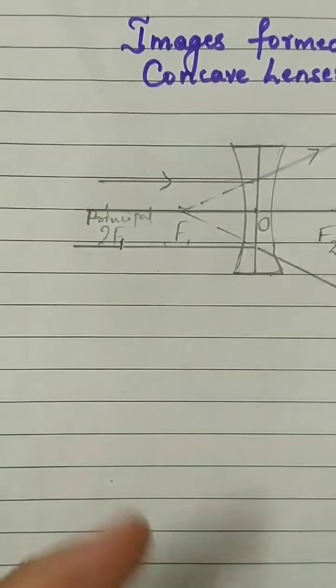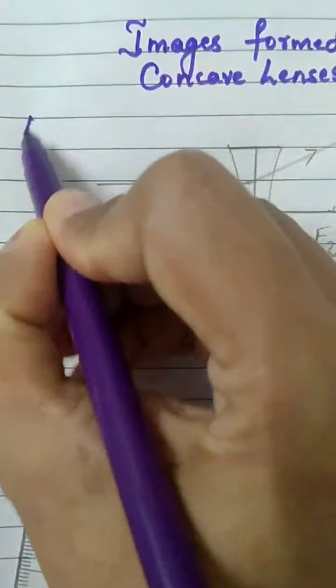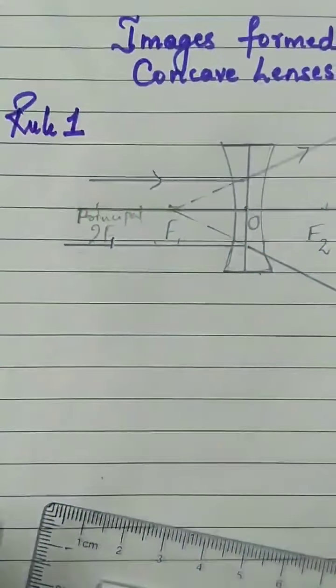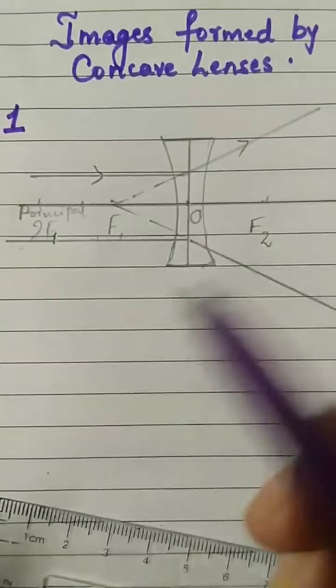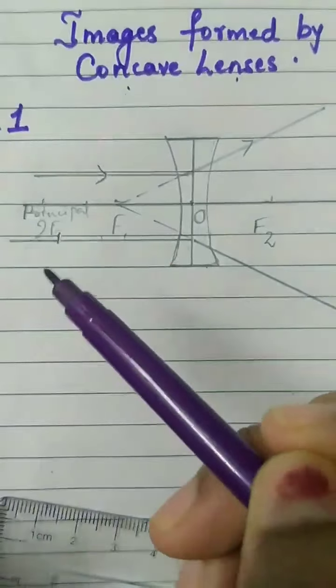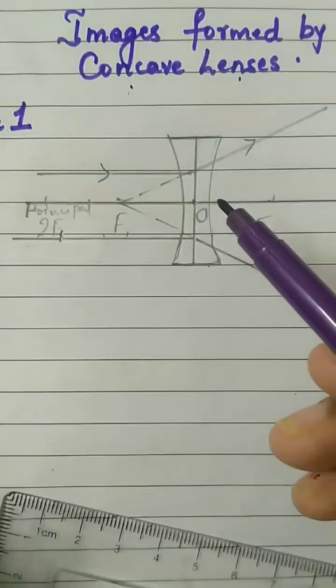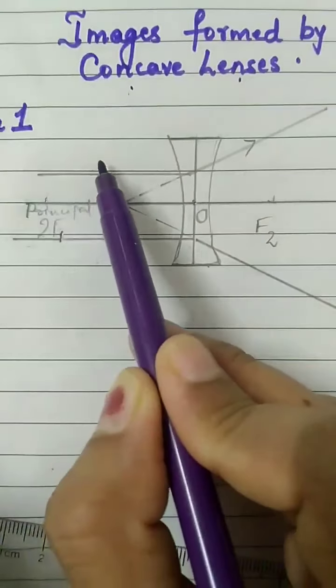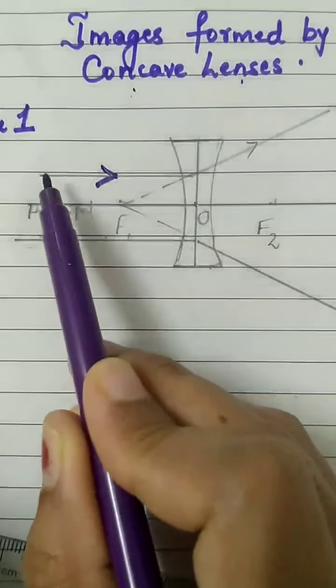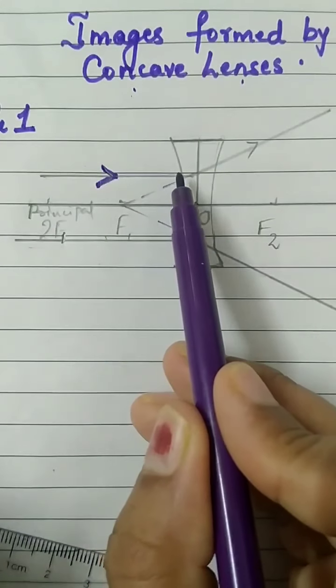Now rule number 1. The first rule is different here, not slightly different, because this is a converging lens or a diverging lens. This is a diverging lens. So if the incident ray is parallel to the principal axis, I have drawn this incident ray, what will it do?